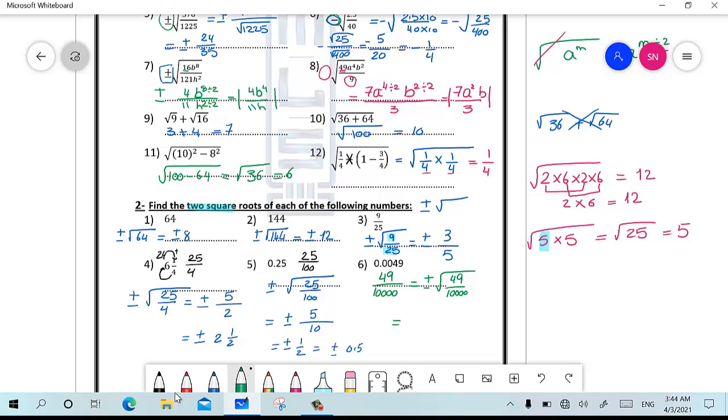This is going to equal positive negative, square root of 49 is 7 and square root of 10,000 is 100. As a result, I am going to have positive negative 0.07. Hope it's clear now, prep 1. Let's go for the next page.